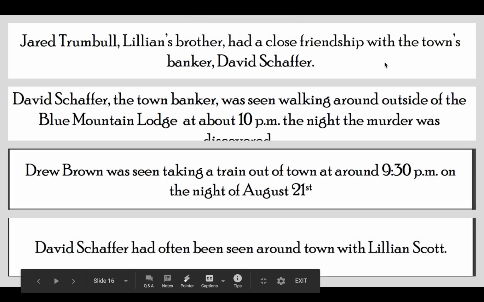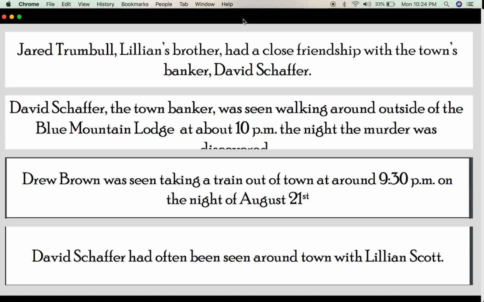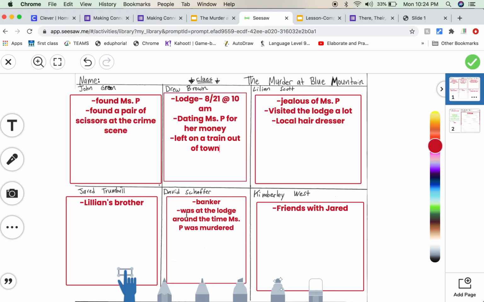David Schaefer had often been seen around town with Lillian Scott. So Lillian and David know each other. So let's go back to our notes, detectives, and for David, remember we're just adding phrases, we're going to add hangs out with Lillian. That's a new clue that we're adding to David's text box.